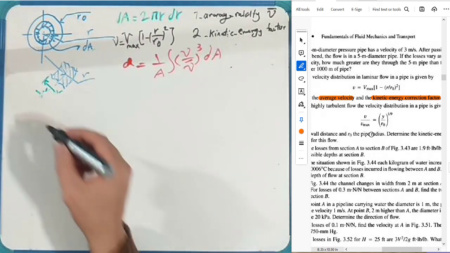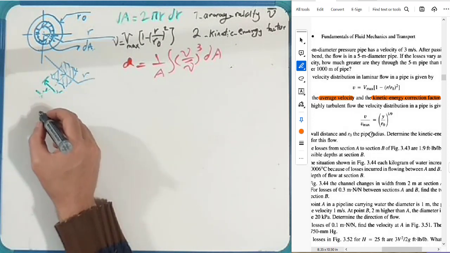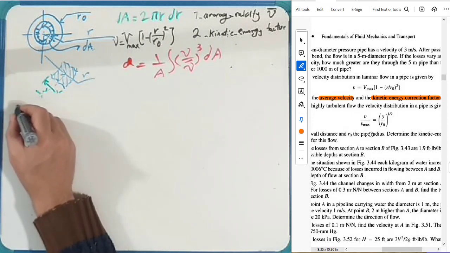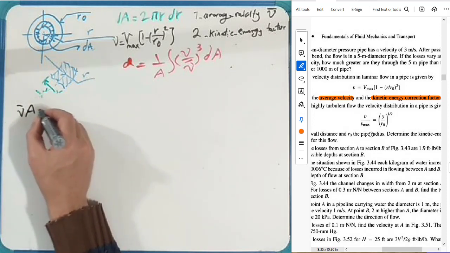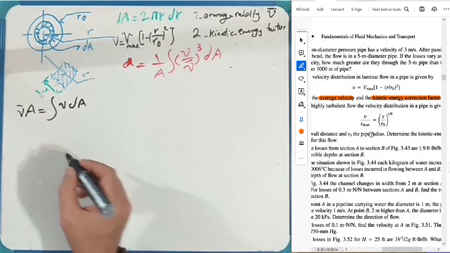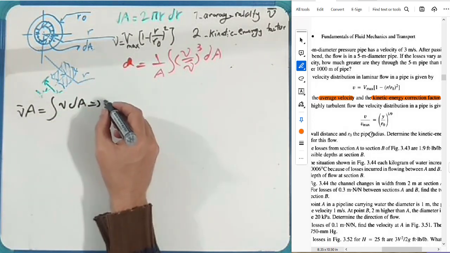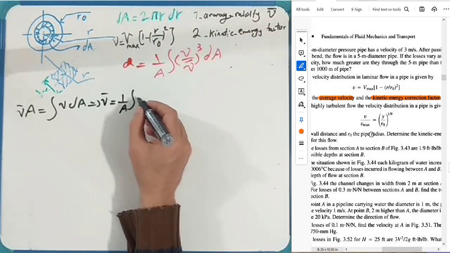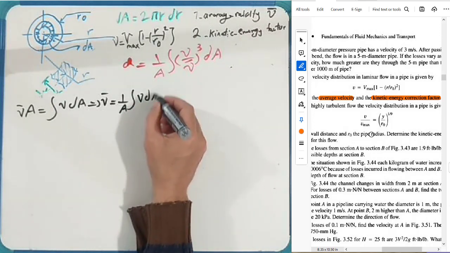So let's do it and calculate it. I have a relationship here: nu bar multiplied by A equals integral of nu dA. Okay, this is true.